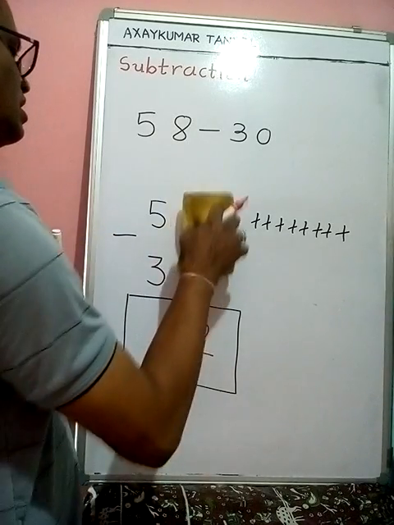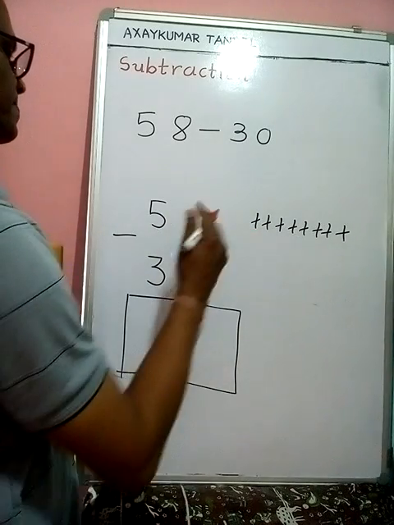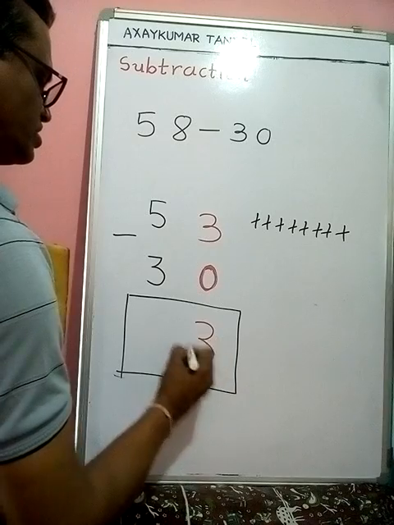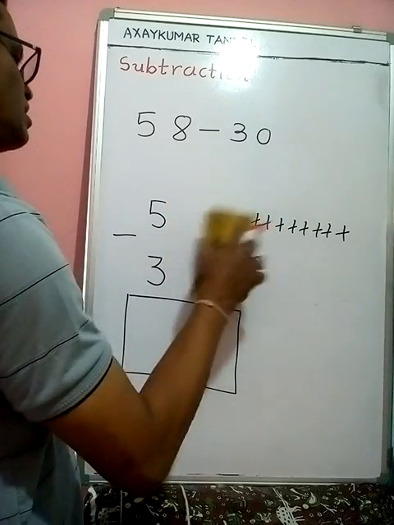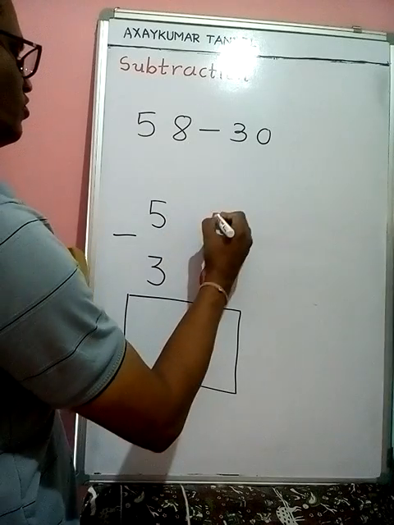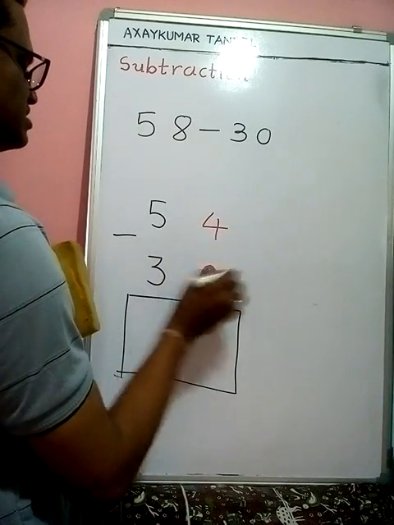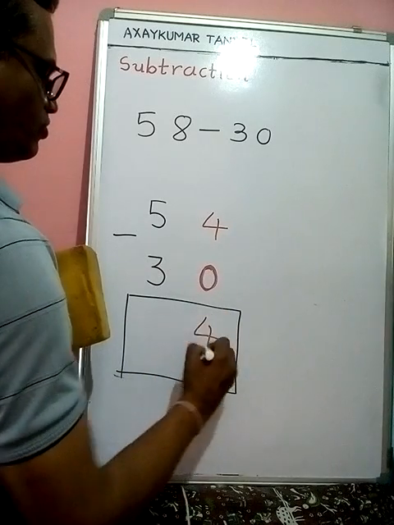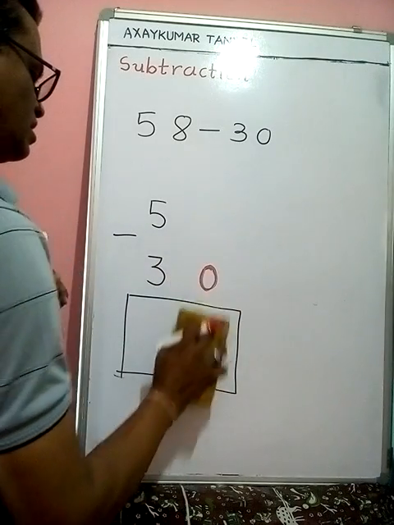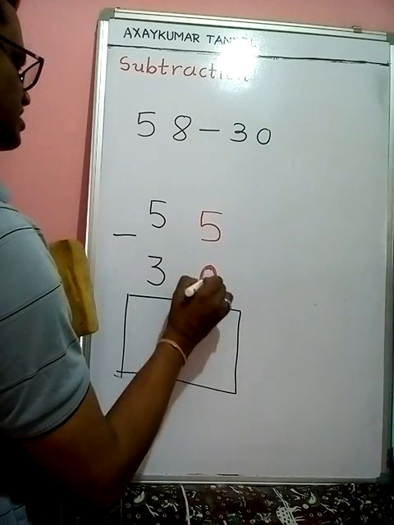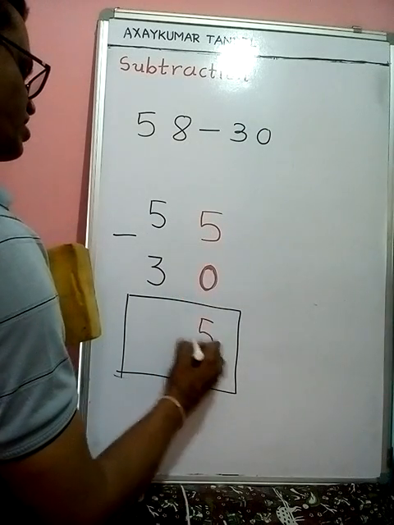If here 3 minus 0 is equal to 3. Understand? If here 4 minus 0 is equal to 4. If here 5 minus 0 is equal to 5.